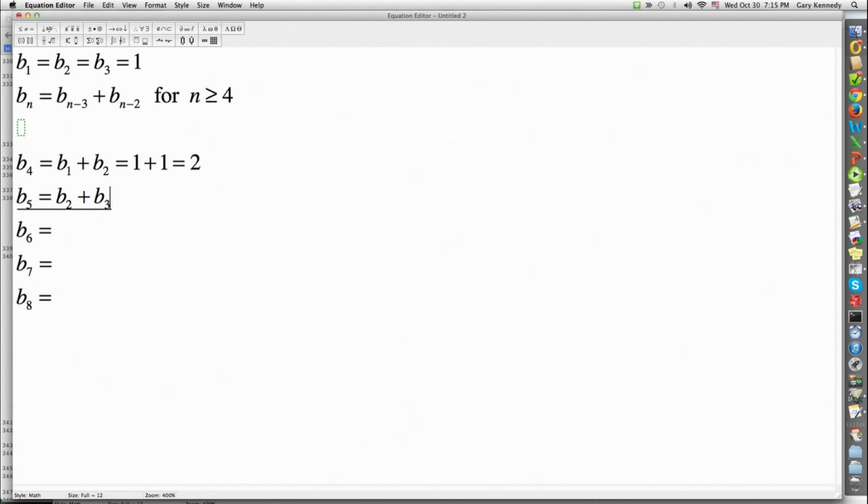So B2 plus B3. B5 is B2 plus B3. Okay, B2, what was B2? That was 1. And B3 was 1. And when I add them together, I get 2. Okay, similarly, what's B6? B6 must be B3 plus B4.